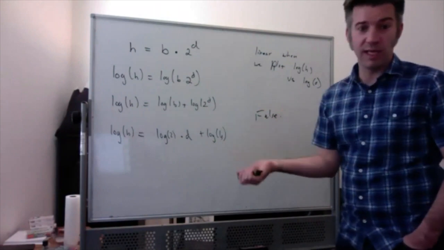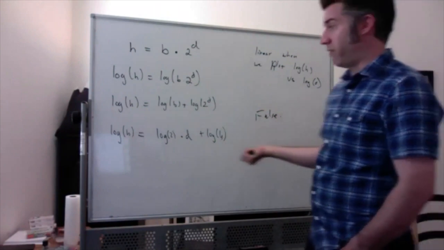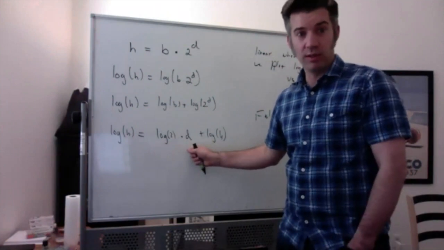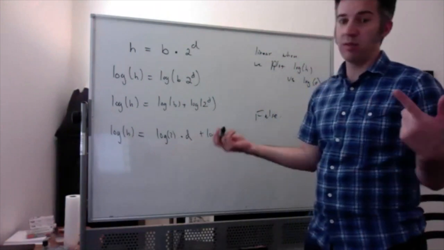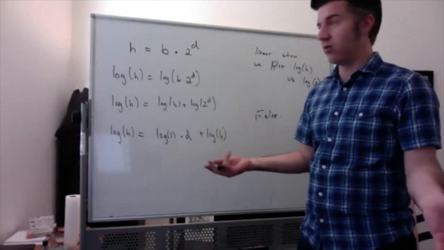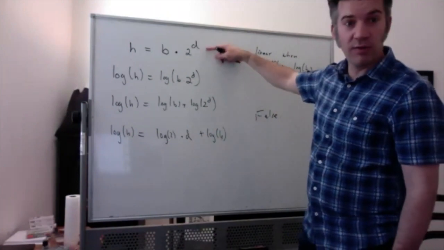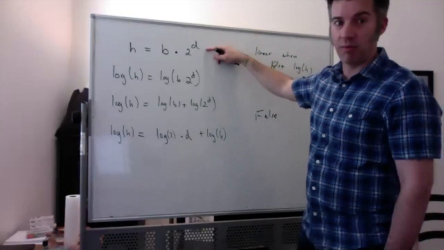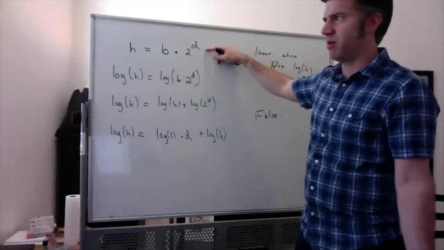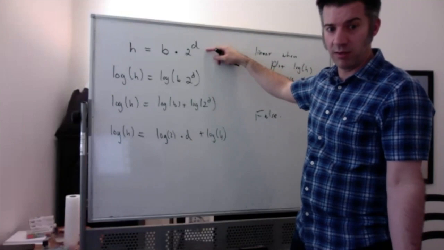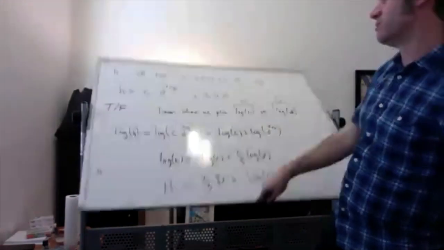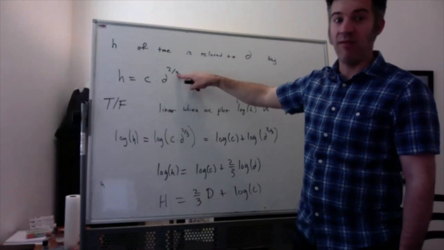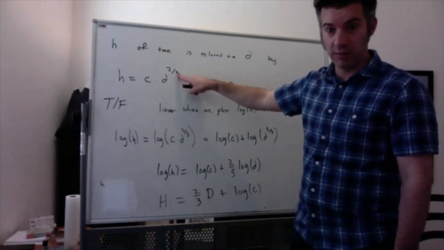What this would be the answer to is that log of h plotted versus just d is going to be linear. So this goes back to the thing that we learned a while ago, that exponential functions have semi-log plots, or log-linear plots, that are linear, whereas power functions, where you have your variable to a power, have log plots that are linear.